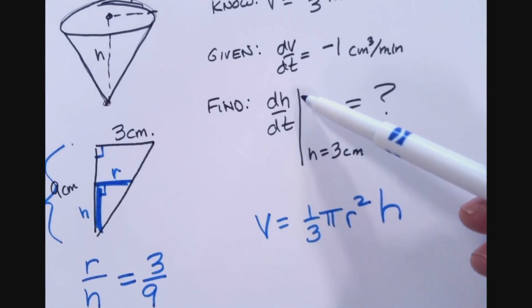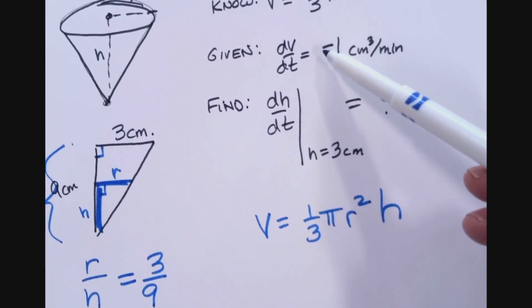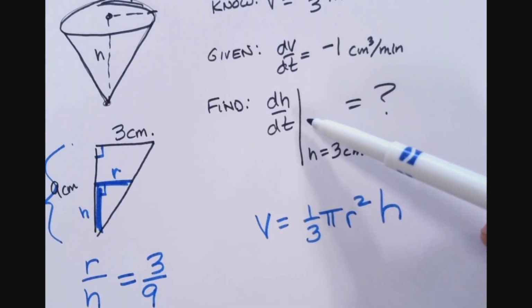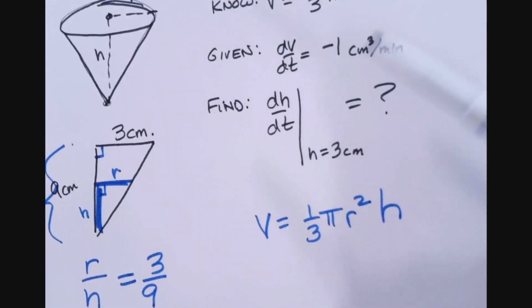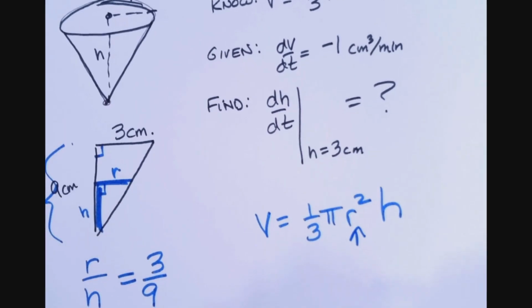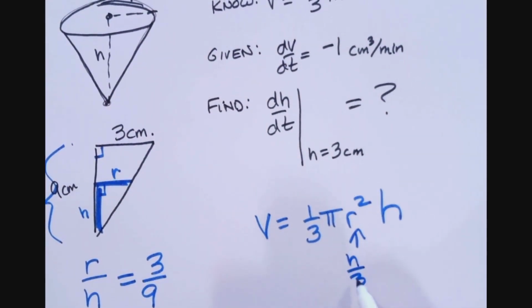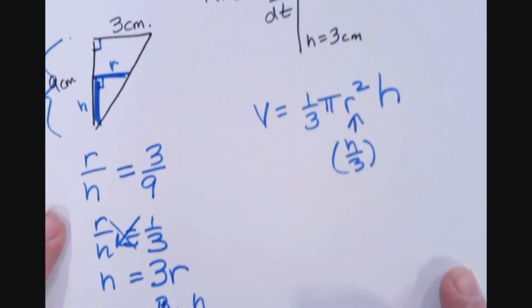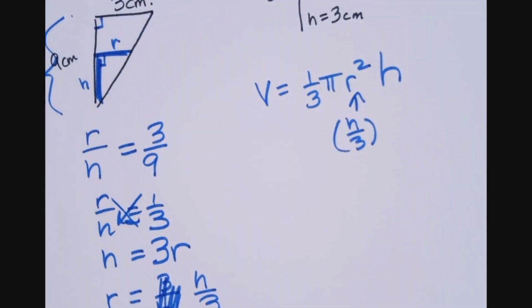Do we need anything about the radius? You see how we're not given anything about the radius. We're not trying to find anything about the radius. So let's take that R out of the formula, and let's put in H over 3 in its place.